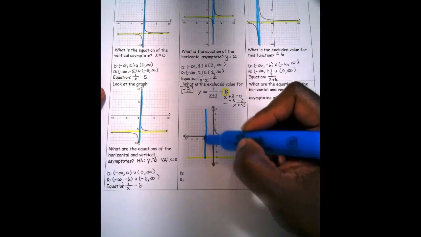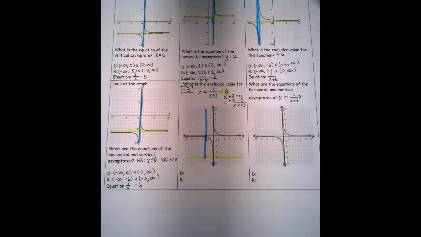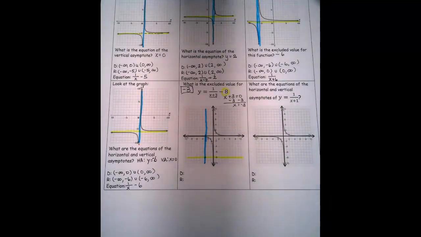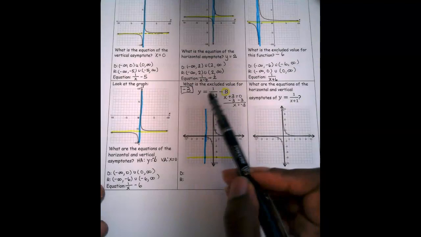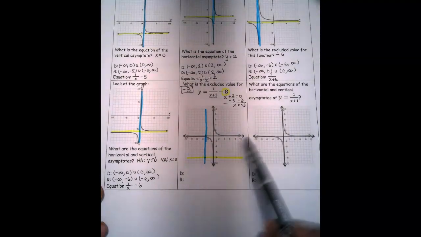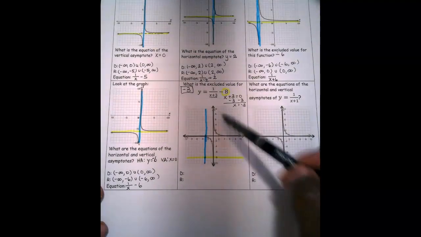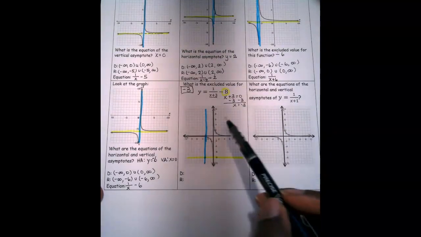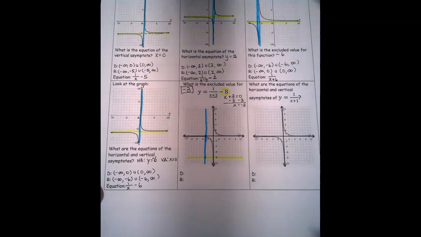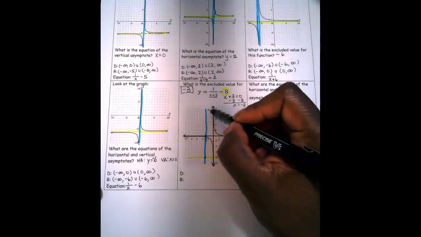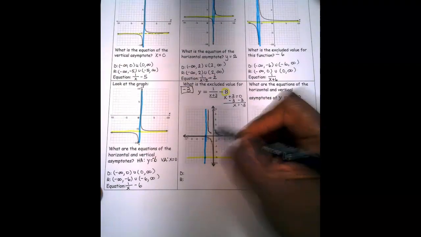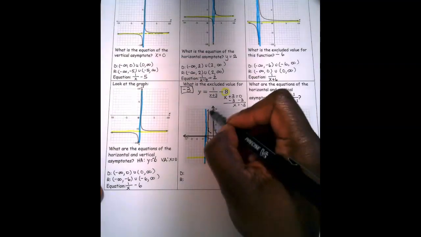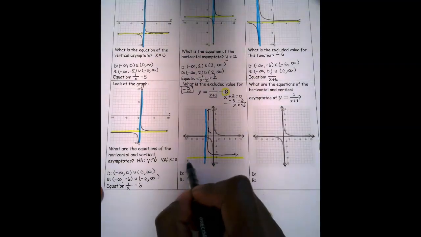Now, there are times when we do have a reflection. We're not going to talk about reflections right now. Right now, what we know is that it's positive, so it continues to look like the parent function, where you have the curve in quadrant 1 and the curve in quadrant 3. So I'm going to sketch like this, and then we're going to sketch like this.